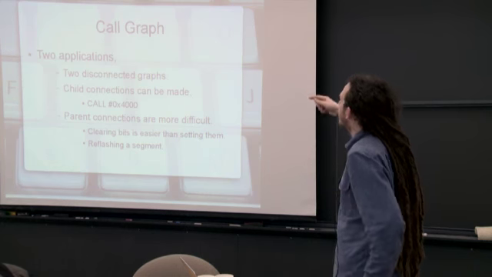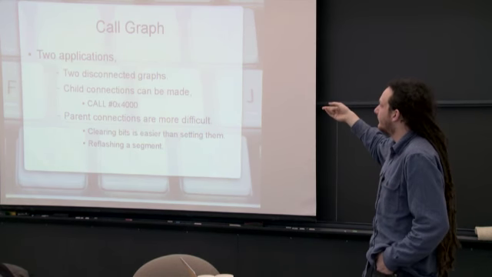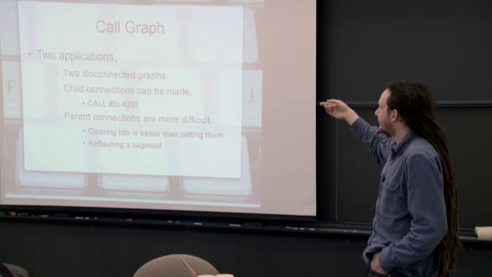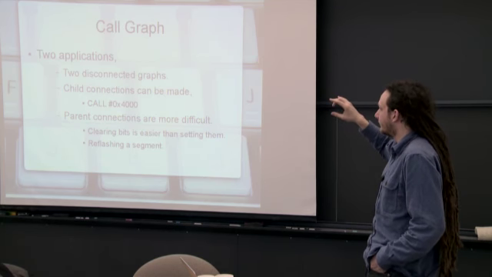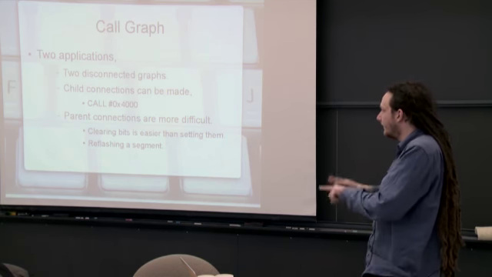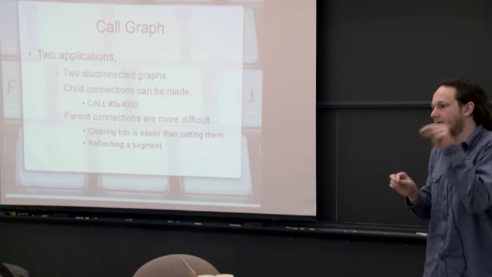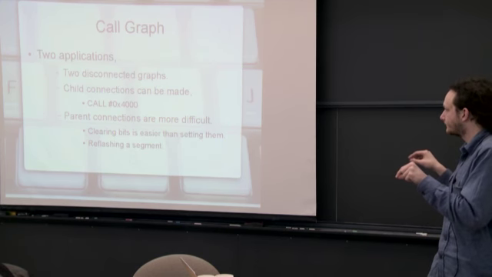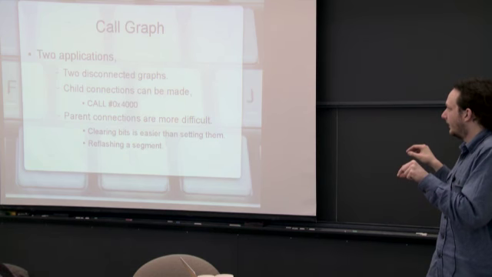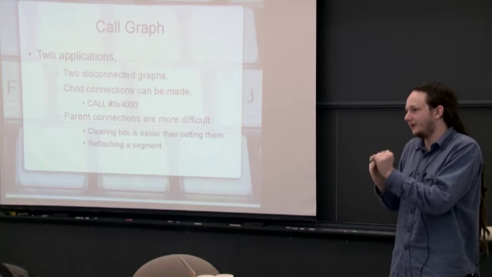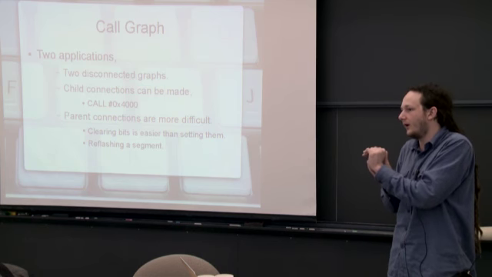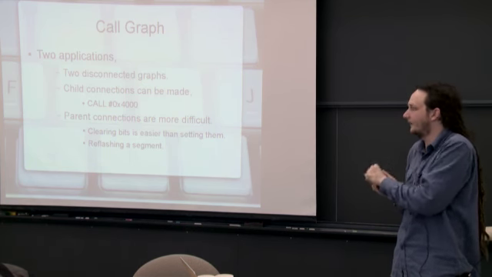So in the call graph, you have 2 disconnected graphs in which child connections are easy to find. So it's easy to tell that this function calls that other function. And it's easy to change which address is being called by masking bits down to zeros.